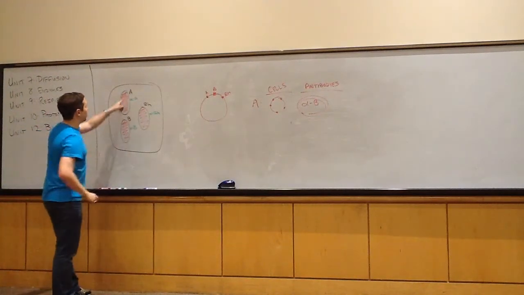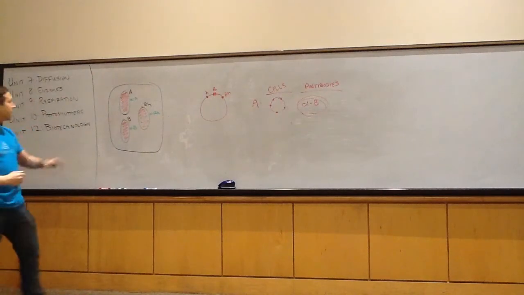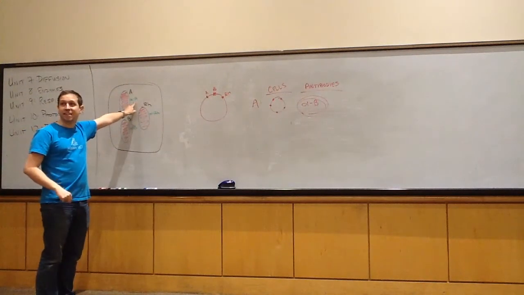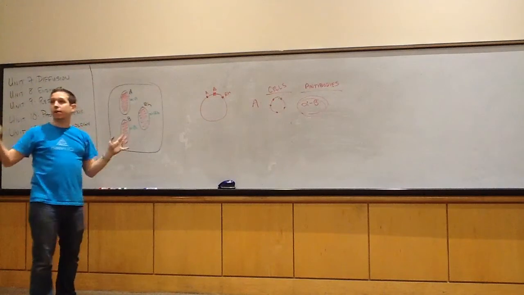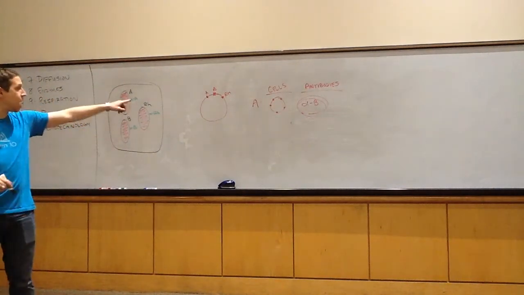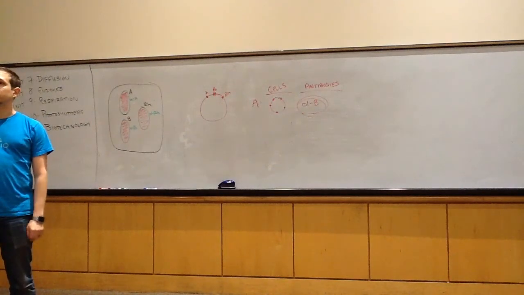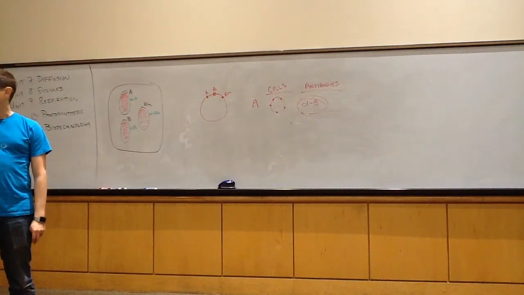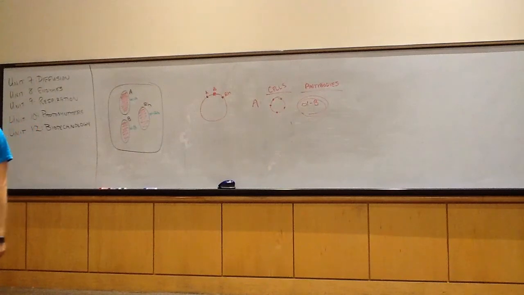So for example, if I put in antibodies against A, and I put in a blood here that I don't know what it is, and I don't see a reaction, does that person have carbohydrate A on their cell surface? No, because if they did, I would expect to see a reaction.